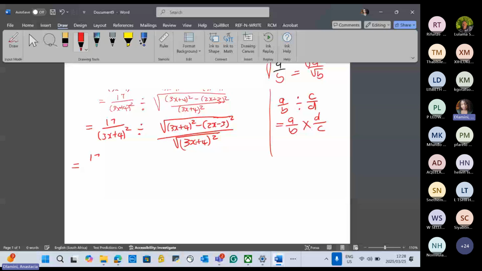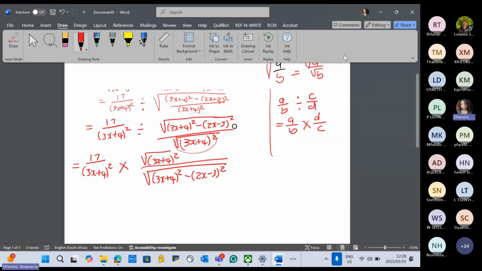So this is 17 over square root of 3x plus 4 squared times, now what is on the top becomes the bottom. So this is square root of 3x plus 4 squared over the square root of 3x plus 4 squared minus 2x minus 3 squared.